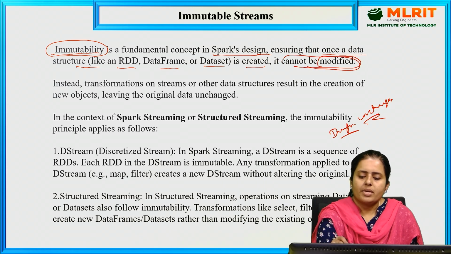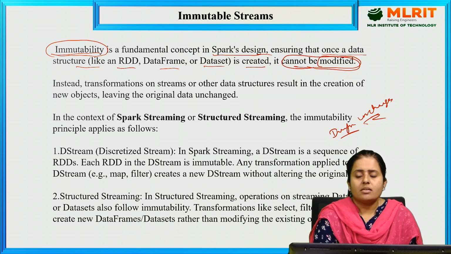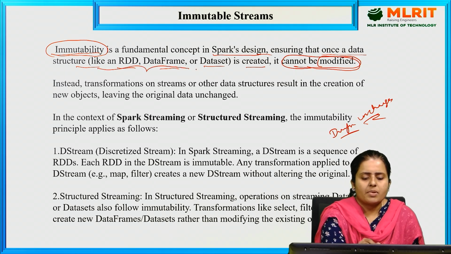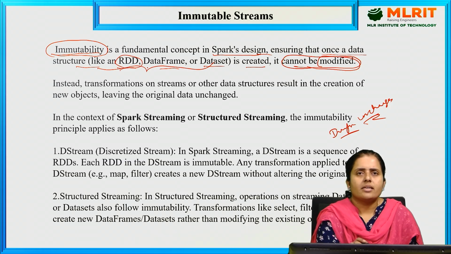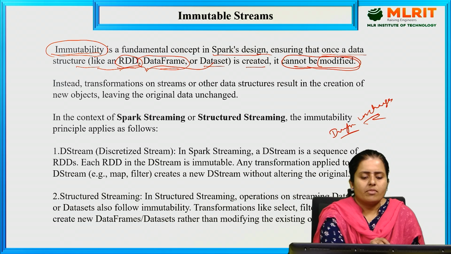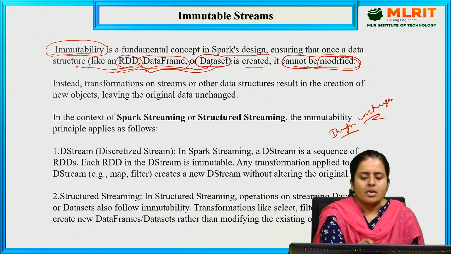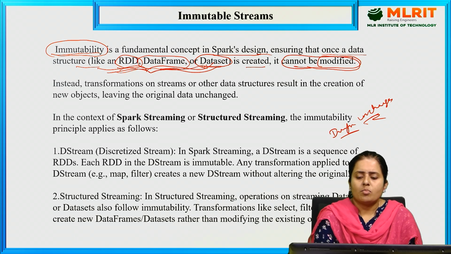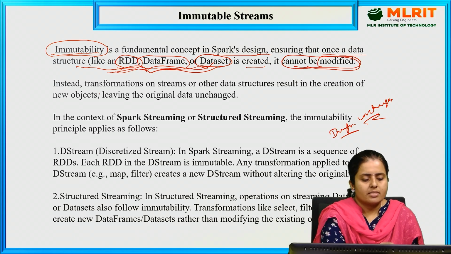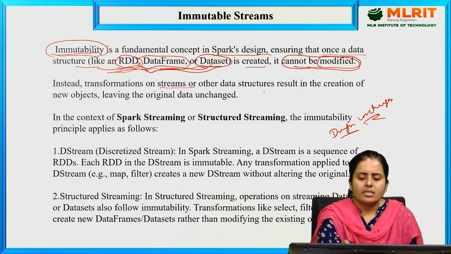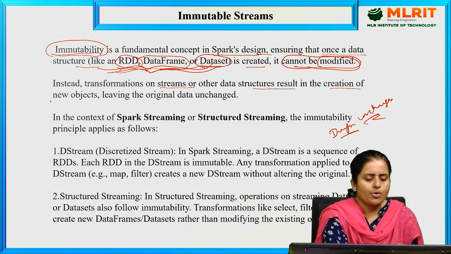It cannot be modified. Here you can see as data sources in Apache Spark, we are going to integrate with RDDs. RDD is nothing but resilient distributed datasets, or we can work with data frames, and we are going to integrate with data sets as data sources. Once the data is collected via these structures, we cannot modify it further. Instead, transformations on streams or other data structures result in the creation of new objects.